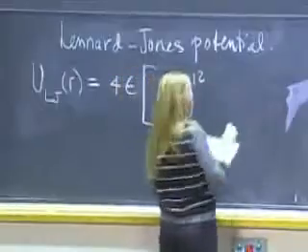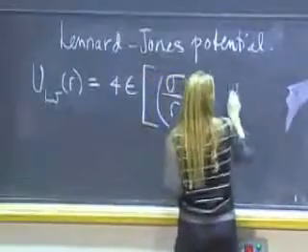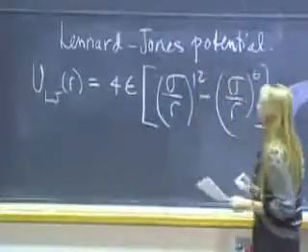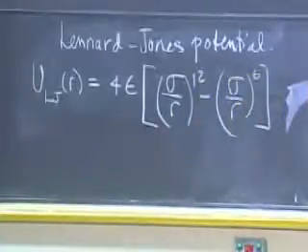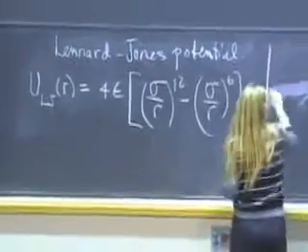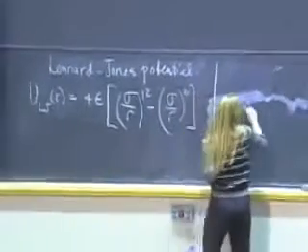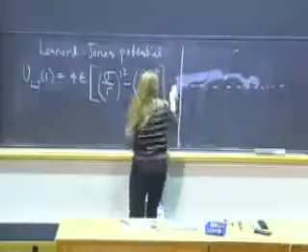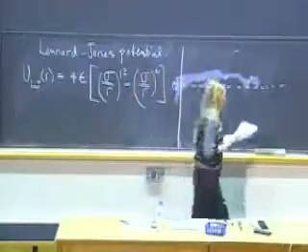I'll explain what sigma is in a moment. Minus sigma over R to the 6th power. Okay? That's my potential form. Now, when I plot it, well, it's going to look like every other interaction potential that we've drawn here, because I can't on the board draw things very accurately.